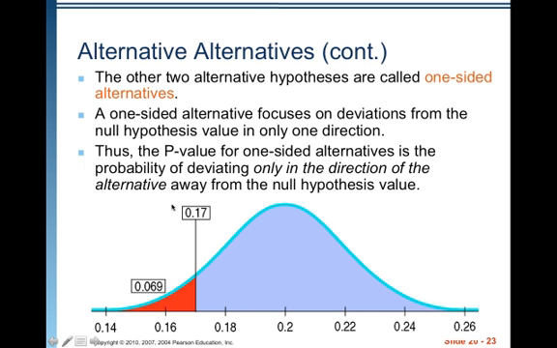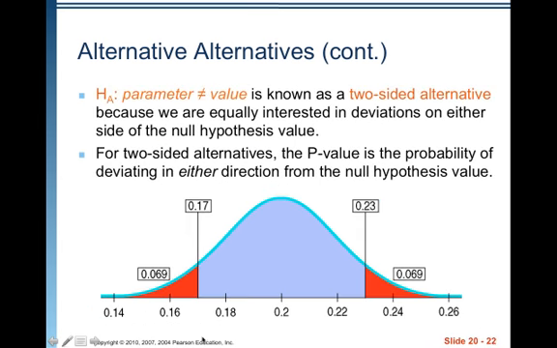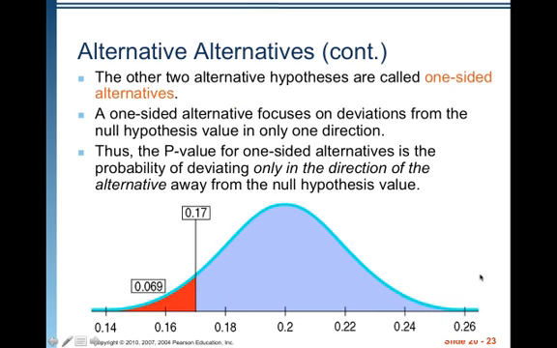So in this case, if we observe 0.17, the probability of getting a sample proportion of 0.17 or smaller is 0.069. Okay. Previously, if we were interested in either direction, even if we got 0.17, that's 3/100ths smaller than 0.2, and so we have to consider 3/100ths larger than 0.2 also, and consider both tails. So it's going to have a probability of 0.069 plus 0.069.